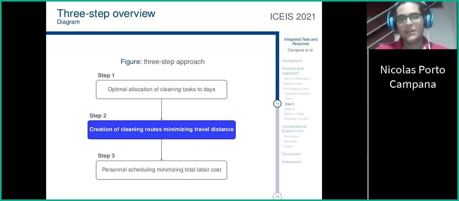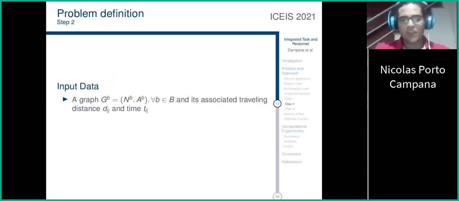In step 2, we need to create cleaning routes, minimizing travel distance. It means that for each day, I create a set of cleaning routes, a set of sequences of visits to the locations to clean them. As input data, we have the graph for each building and its associated traveling distance and time.